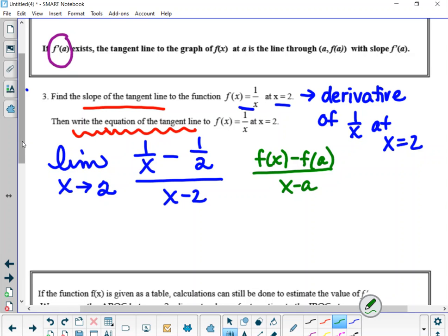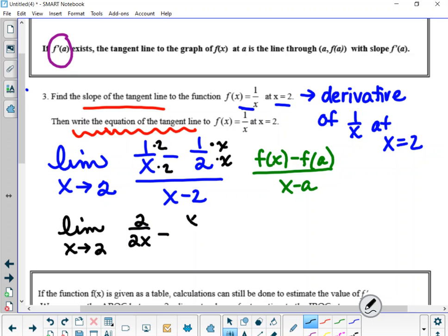How about a common denominator for these fractions? Yes. Let's multiply that one by x and that one by 2, so both are a form of 1. So we're going to have the limit as x approaches 2 of 2 over 2x minus x over 2x, all divided by x minus 2.